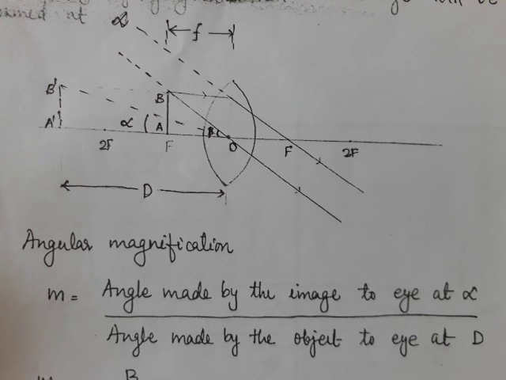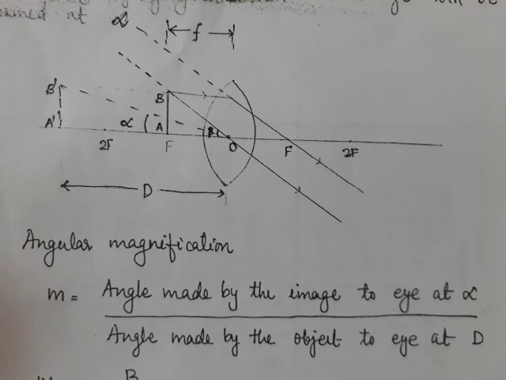One is at 25 centimeter, where the magnification is 1 plus D by f. Another situation is that the image can be formed even at infinity, so that your eyes are very relaxed. For the image to be at infinity, the object should be placed at the principal focus.